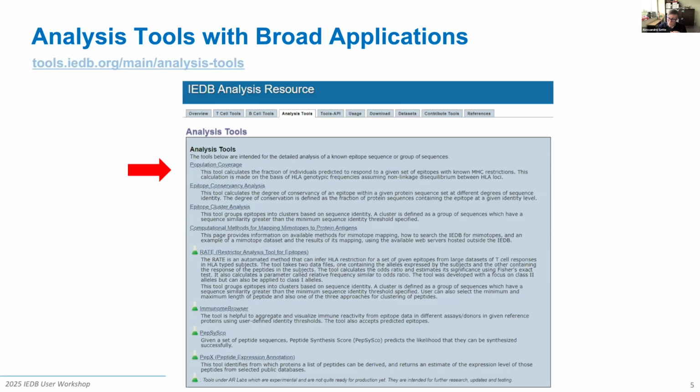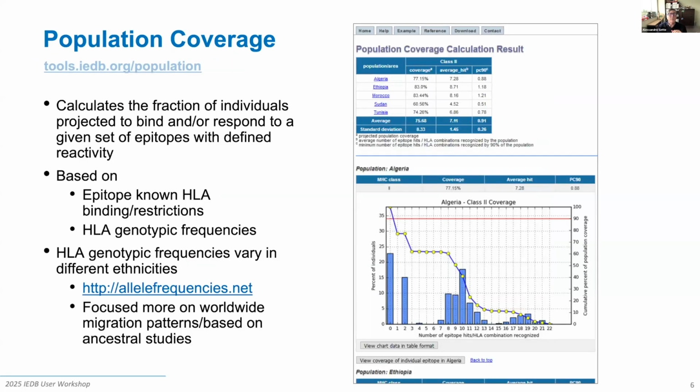I've already showed some of this type of data, but this is the tool that is on the website, and it calculates the fraction of individuals that are projected to bind or respond to a given set of epitopes.